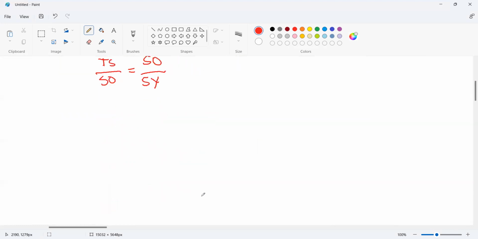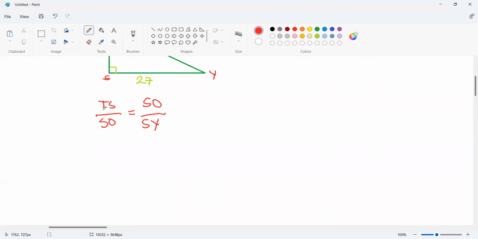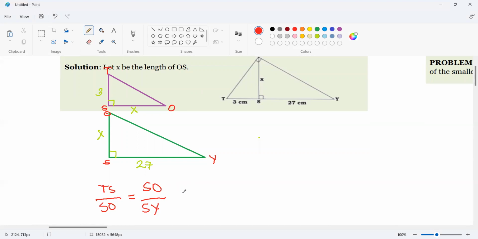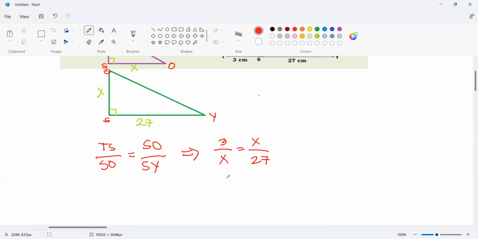And then let's substitute their values. How much is TS again? TS is 3, SO is missing, x equals x, and SY is 27. Cross multiply. You'll get x squared equal to 81, or 3 times 27. Square root both sides.